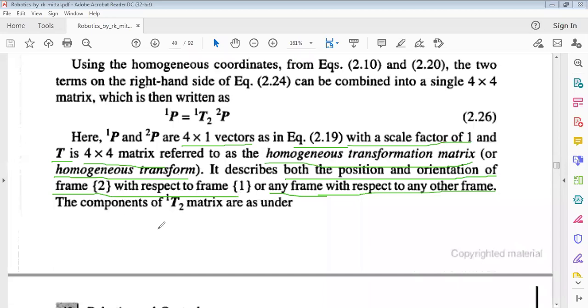The components of this 1T2 matrix are as under.